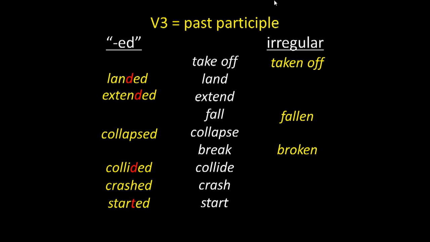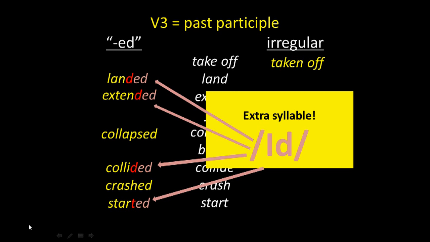Now, let's look at the pronunciation. We notice that when we have these ending sounds like d or t, the ed is going to be pronounced one way. It has an extra syllable. So land becomes landed, extend, extended, collide, collided, start, started.